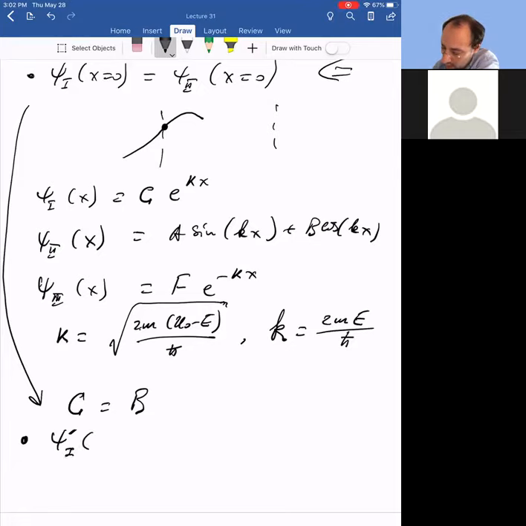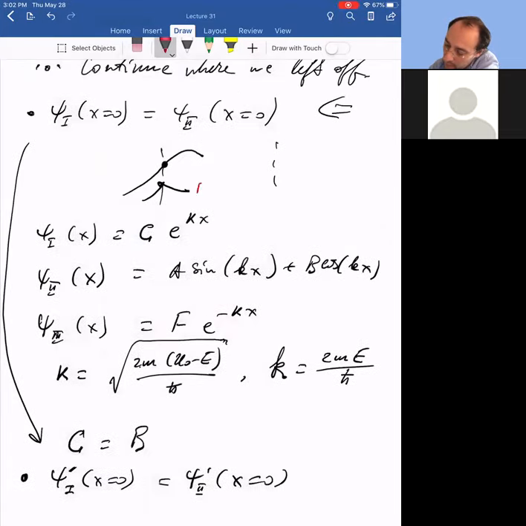At region 1, x equals 0, equals psi prime of region 2 at x equals 0. BC1, this boundary condition, right? So this is BC1, and this is BC2. BC1 allows this kind of thing. It just says connect. BC2 says not only do you have to connect, but you have to connect in a way that makes their slopes match at the connection point.